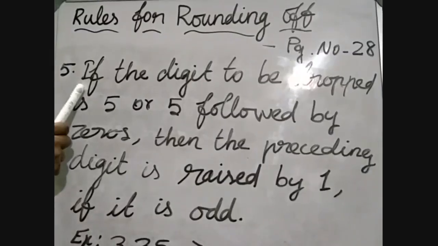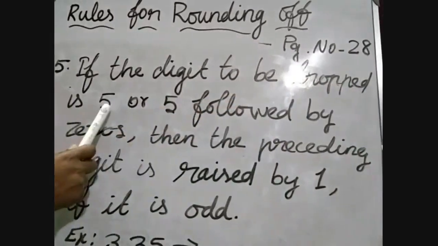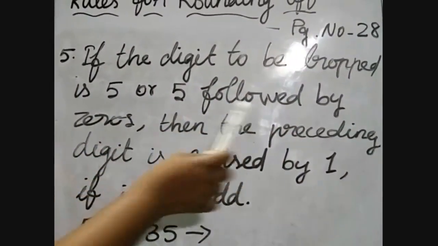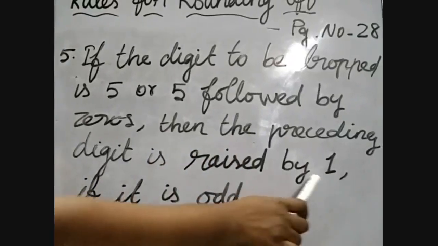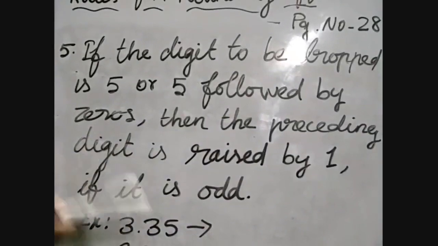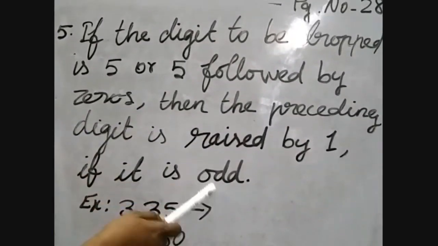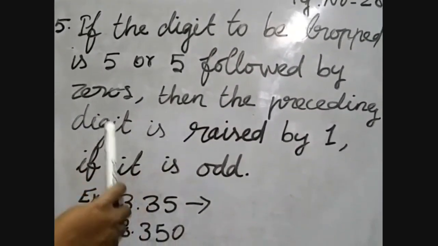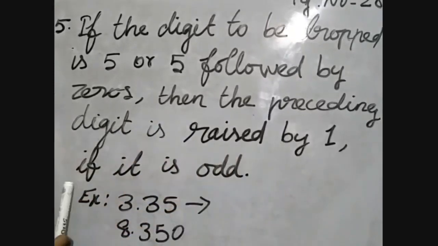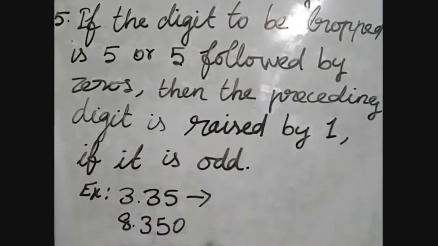Third rule: if the digit to be dropped is 5 or 5 followed by zeros, then the preceding digit is raised by 1 if it is odd. In the previous case, if it is even, the preceding digit will be unchanged. Here the preceding digit is raised by 1 if it is odd.